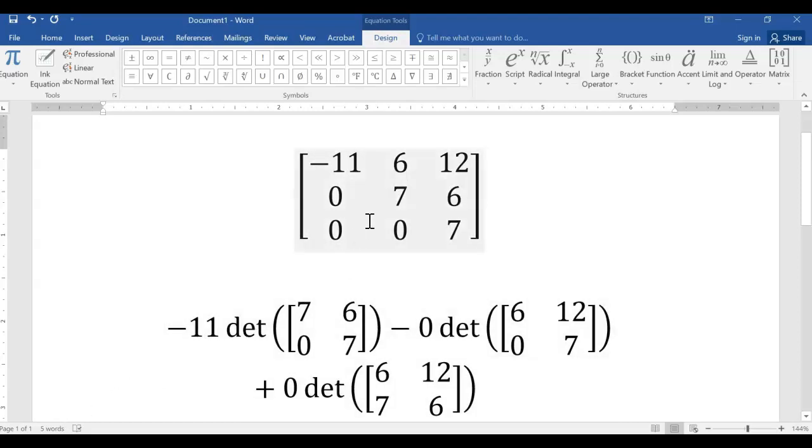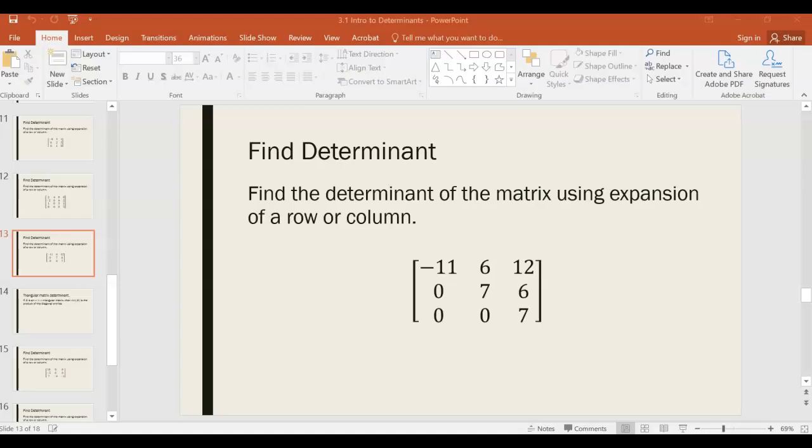And then if you're going to find the determinant of a submatrix, again, it'd be 7 times the determinant of its submatrix, and then zeros would go away. So you're going to end up always with just a multiplication of the diagonal entries. Again, don't forget that's only if your matrix is triangular.